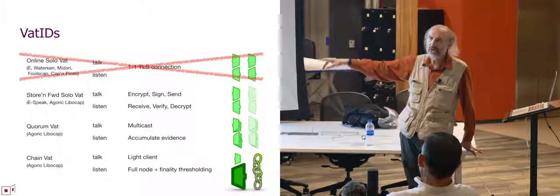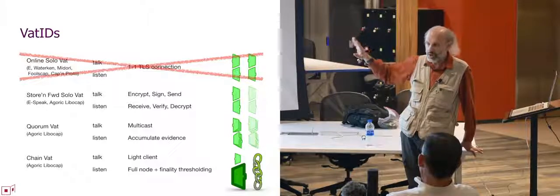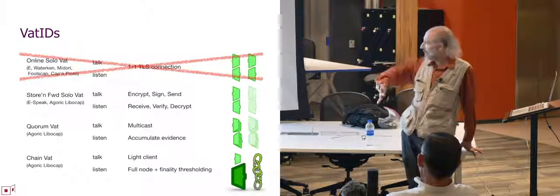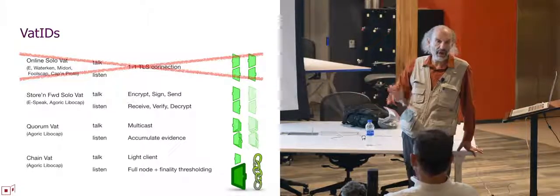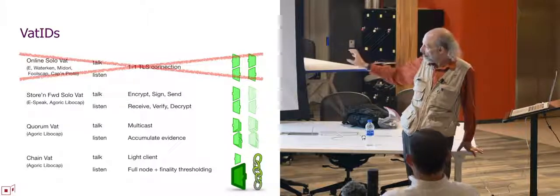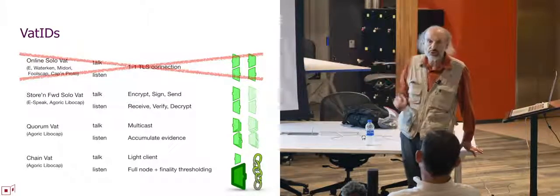And for blockchains like Ethereum that don't have finality, you have to, in particular, build in front of it a finality thresholding, and that's heavy, and I won't be saying anything more about finality thresholding today. But there is an expense in interfacing this to full chains.